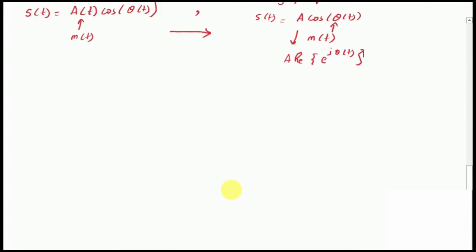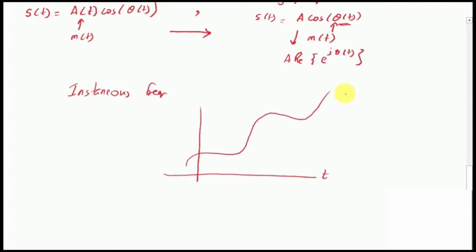One of the most significant aspects of angle modulation is to understand the concept of instantaneous frequency. The message signal is basically embedded inside that general angle. If we plot the angle with respect to time, it would show some kind of non-linear behavior. So this is theta of t with respect to t.